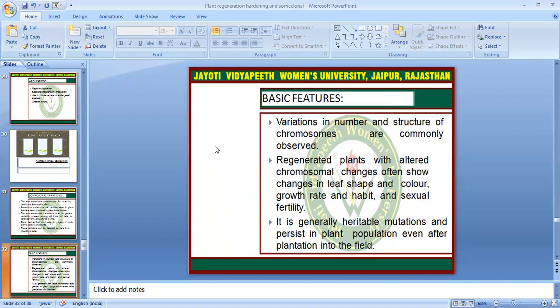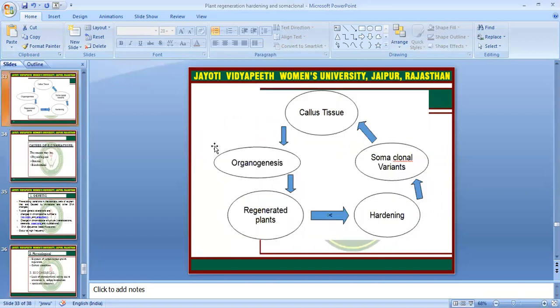Basic features are variation in number and structure of chromosomes, which are commonly observed. Regenerated plants with altered chromosomal changes often show changes in leaf shape and color, growth rate and habit, and sexual fertility. They are generally heritable mutations and persist in the plant population even after plantation into the field.